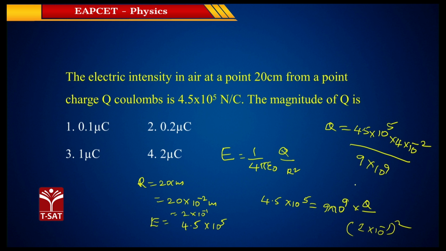You calculate this value. This is 2 into 10 to the power minus 6 coulomb, that is 2 microcoulomb. This answer, the fourth answer, 2 microcoulomb is the correct answer.